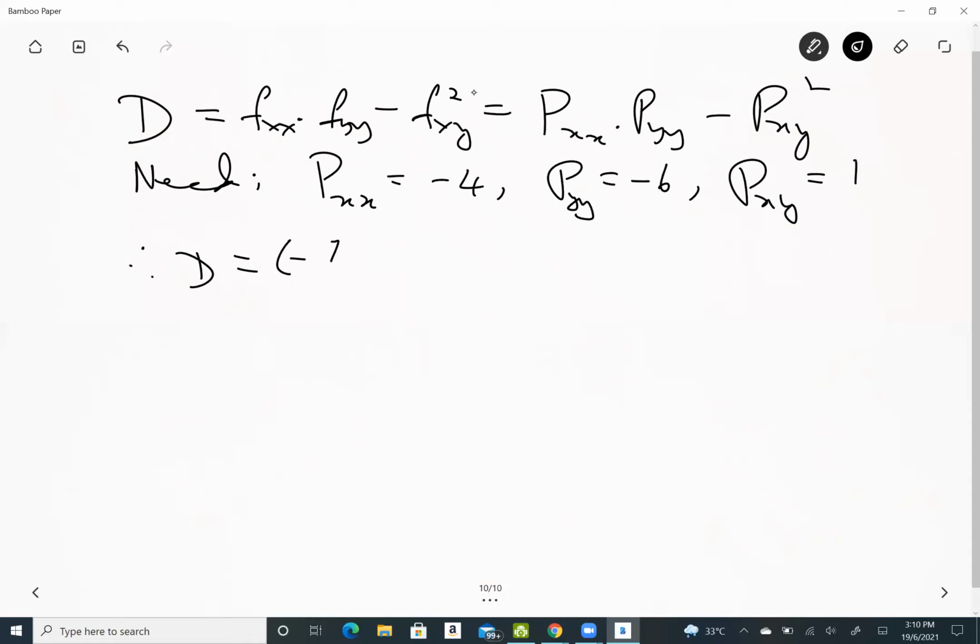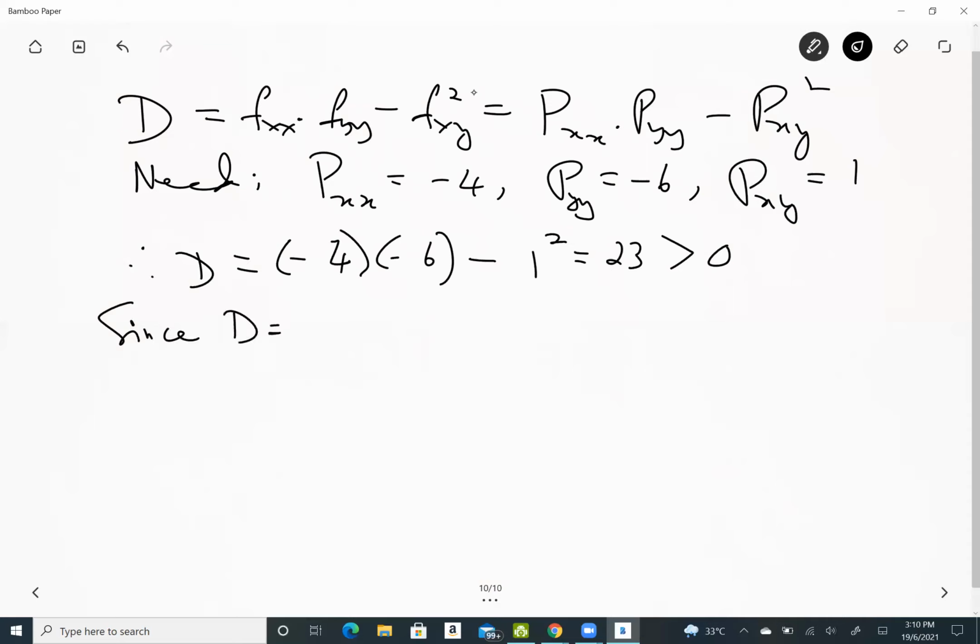Okay, so therefore our D is equal to, substitute everything, -4 times -6 minus 1 squared. So what I get is 23. And that 23 is bigger than 0. So if D is bigger than 0, you may have a maximum or minimum. So you make a conclusion.